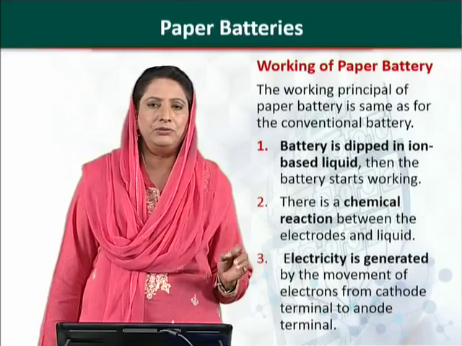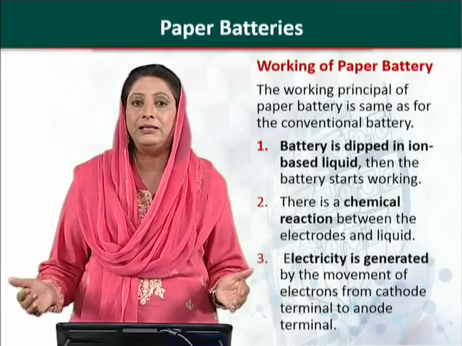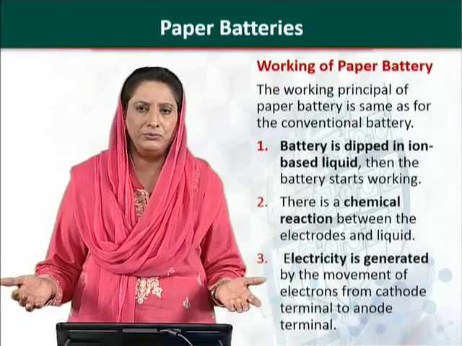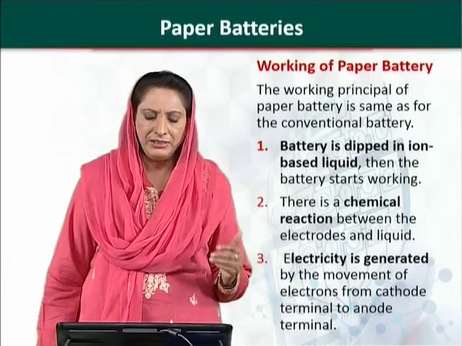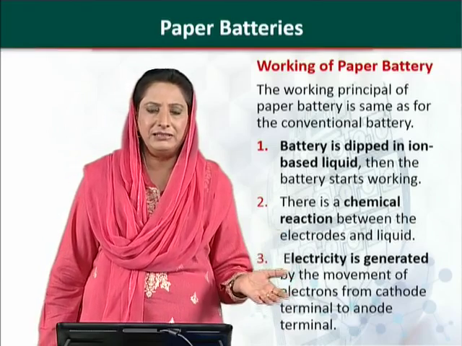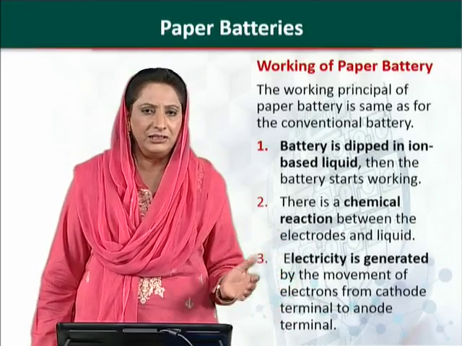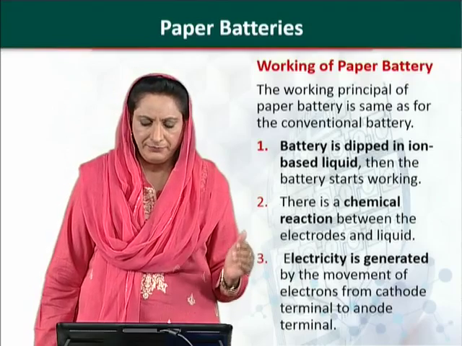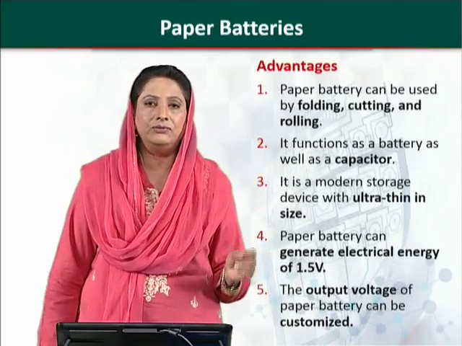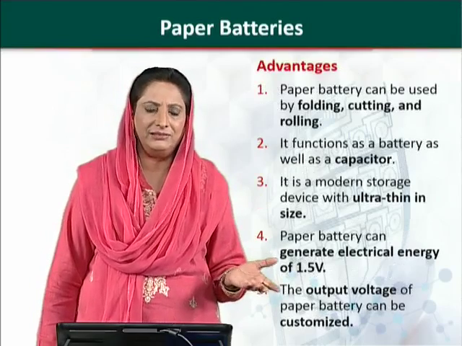Once they are dipped into the liquid, by liquid I mean biological samples. Now since these biological samples already contain ions, a chemical reaction starts. Once the chemical reaction is started, there is the transfer of electrons and the electricity is generated. So the working of these paper batteries is fairly simple.